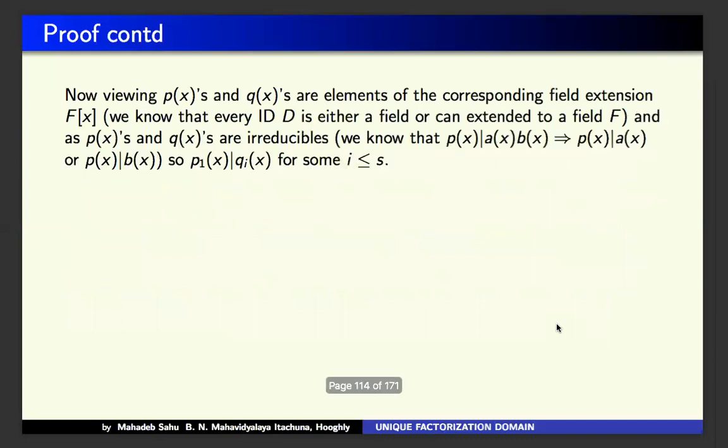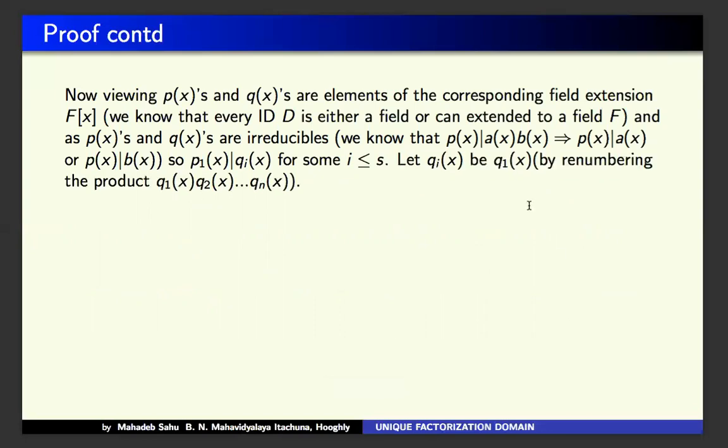So it divides Qi(x) for some i. Let me renumber it, and let Qi(x) be Q1(x). Then Q1(x) equals U1 P1(x). You can write it.